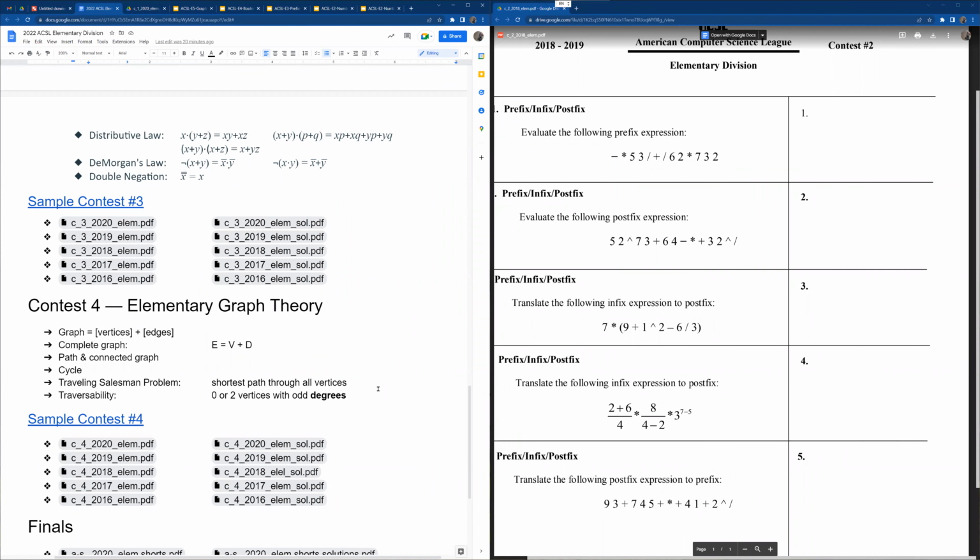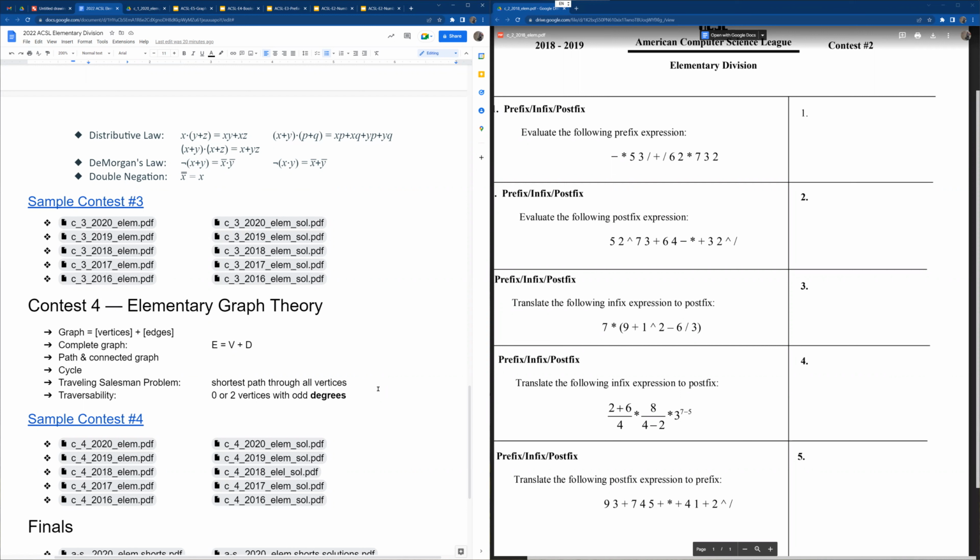And then the traversability problem is somewhat opposite to the traveling salesman's problem. One is to get to all the nodes; the traversability problem is to go through all the edges, exactly one time only.